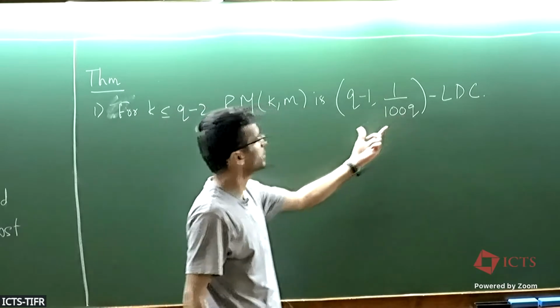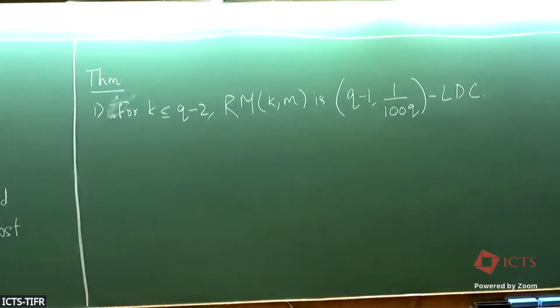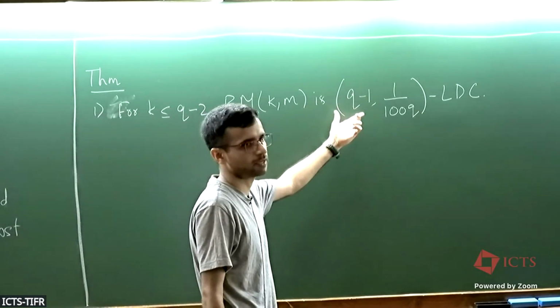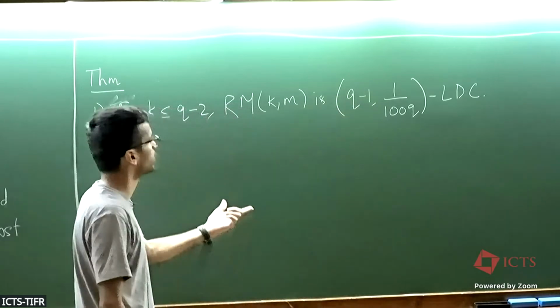So if epsilon is 1 over 100q, then we will be able to output p of alpha with high probability after querying the given function f at q minus 1 locations. So that's the first version of this theorem.